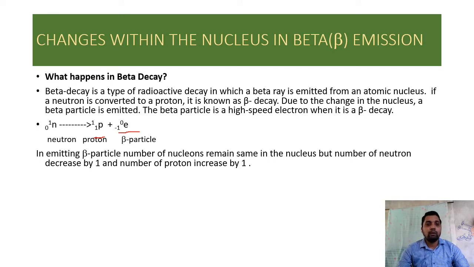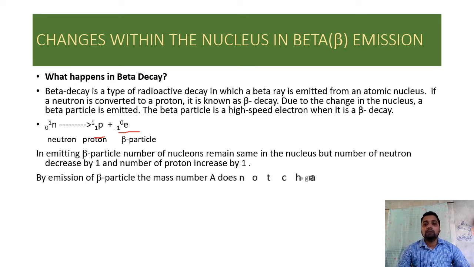But because the proton number increases by 1, the atomic number increases by 1, and the daughter atom is shifted one place right in the periodic table. So after emitting a beta particle, the mass number has no change, but the atomic number increases by 1.